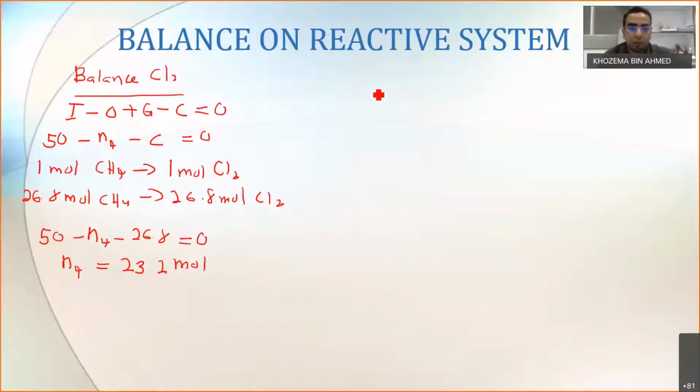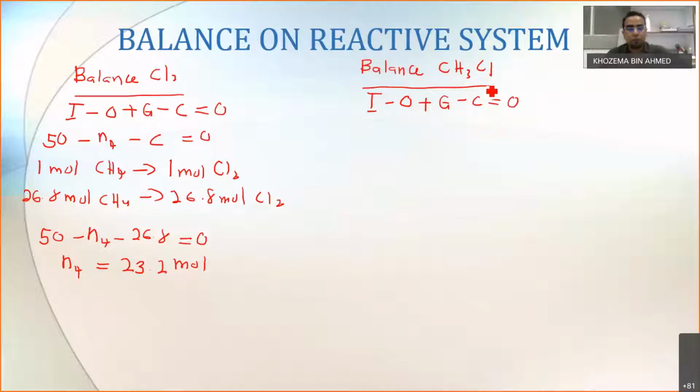Now I can do a balance on my product, so the balance on chloromethane, CH3Cl. Again the equation: input minus output plus generation minus consumption is equal to 0. If you look at our equation just now, there is no chloromethane in our input. Initially we do not have any chloromethane.